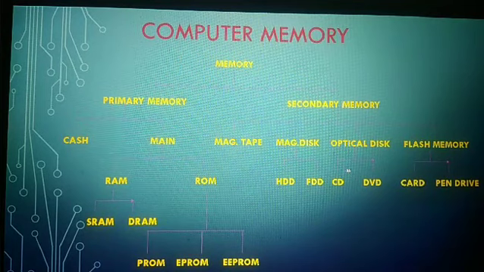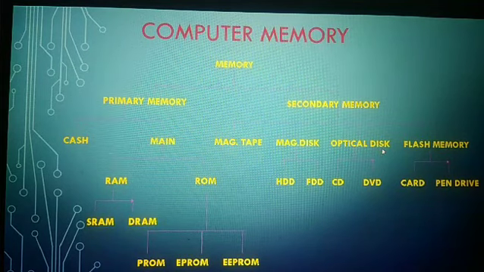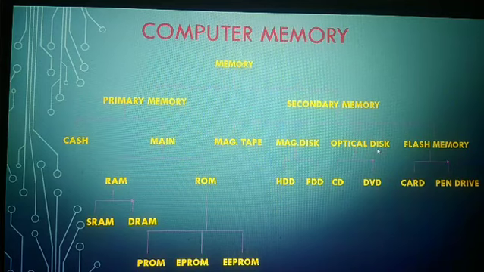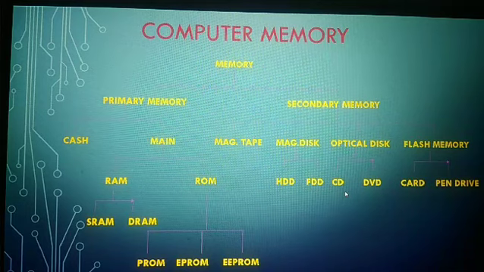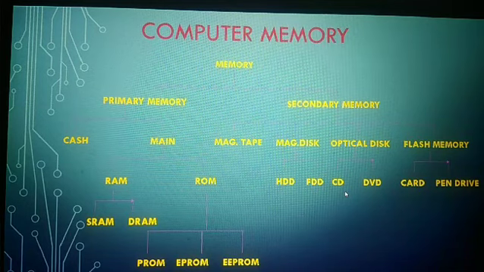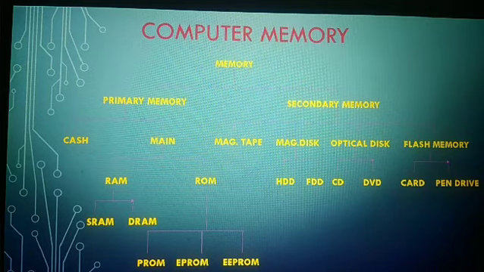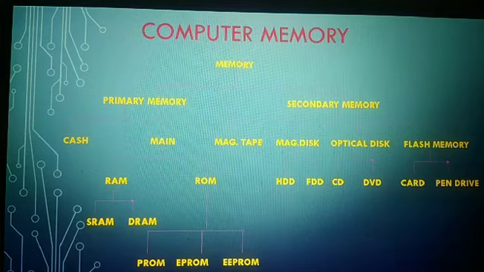Next secondary storage device is optical disk. We divide optical disk into two types, CD and DVD. You already know about CD and DVD, but we will discuss CD and DVD. So CD means compact disc. It is a portable device.